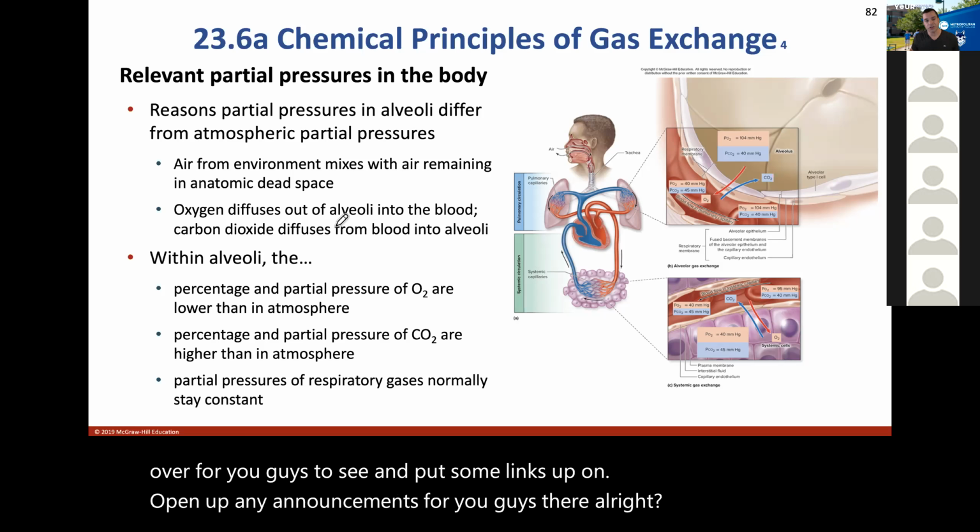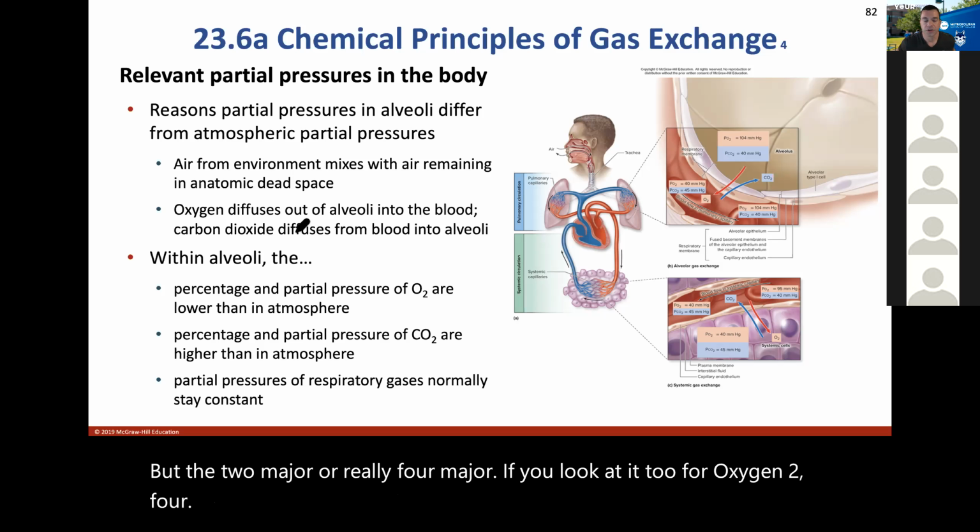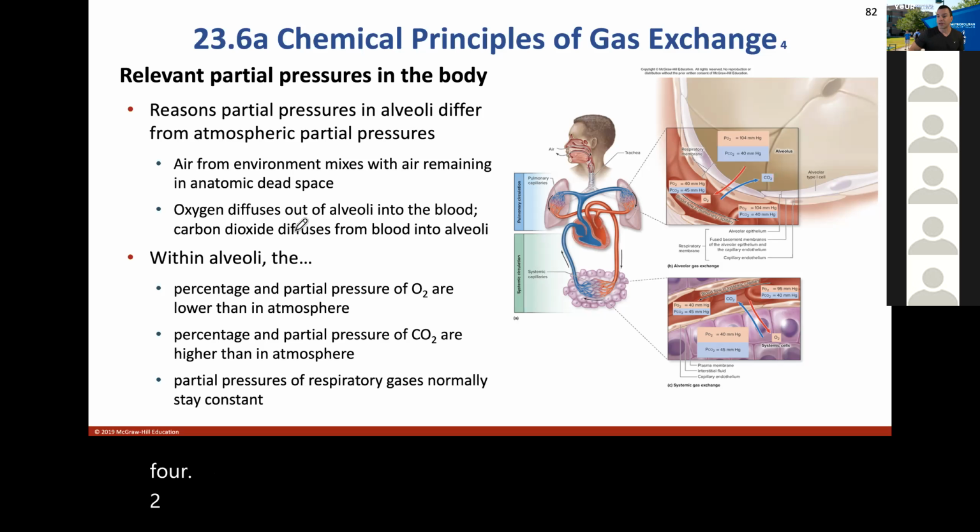But the two major, or really four major, if you look at it, two for oxygen, two for carbon dioxide. Okay.